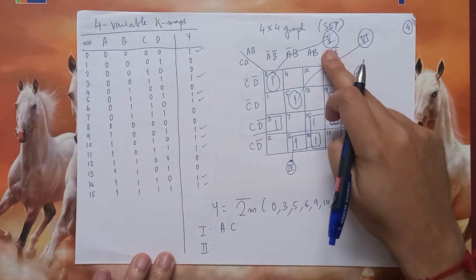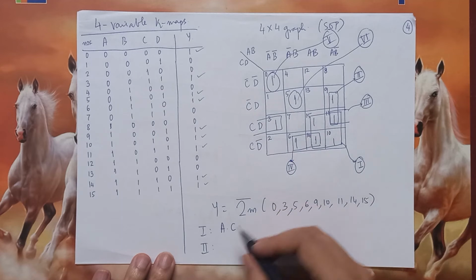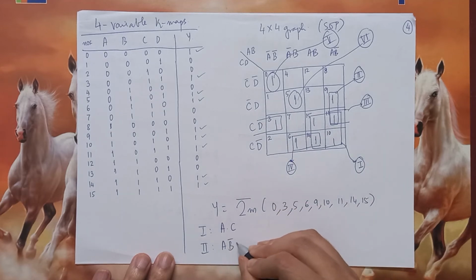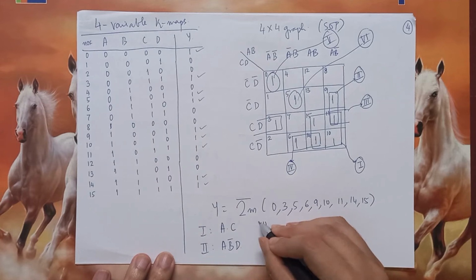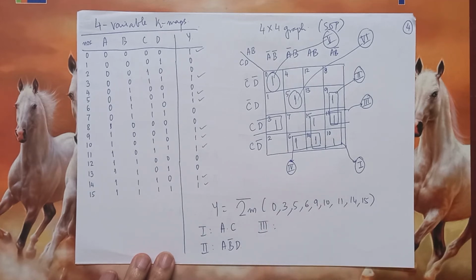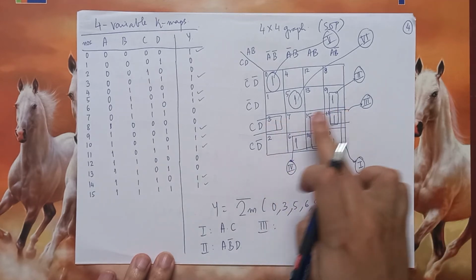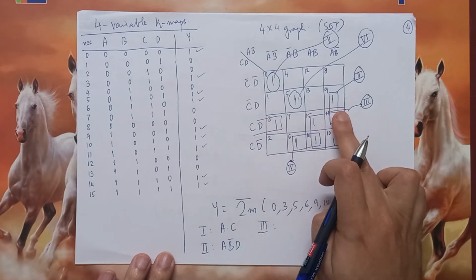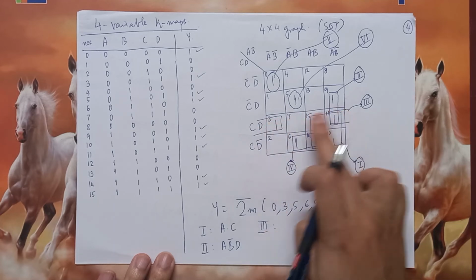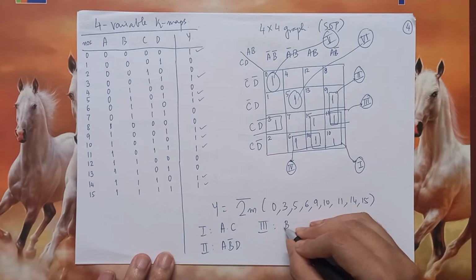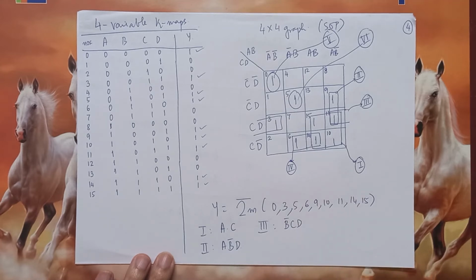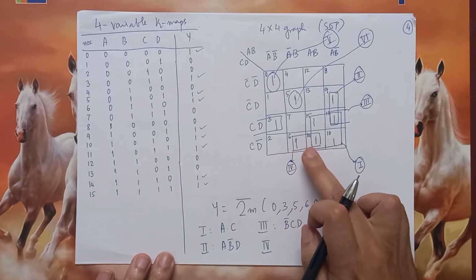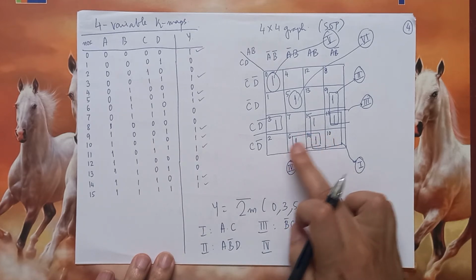The common terms are A, B bar and D. Group number 3 is between these 2. The common terms are B bar, C and D. Group number 4 is B, C and D bar.